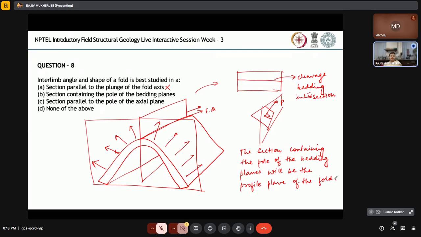So this will be the profile plane of the fold, and as we know the profile plane is perpendicular to the fold axis, orthogonal to the fold axis.